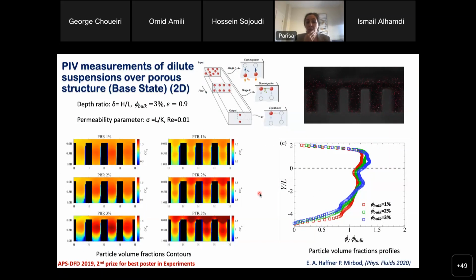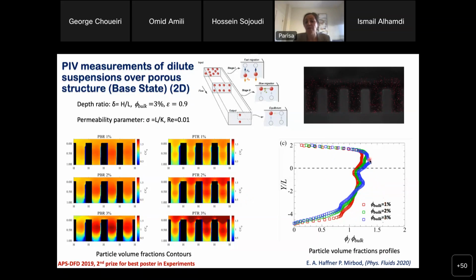But these are some of those analyses that we got with the PIV, the concentration profile, again, the maximum of the concentration. And as you can see in the map, we also averaged everything that we got between and on top of the rods. Here are the concentration profiles that show again the maximum, even for very few particles of 1, 2, and 3%.